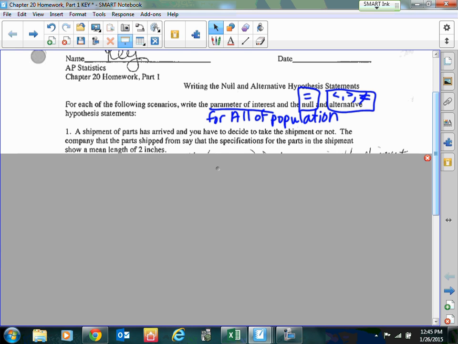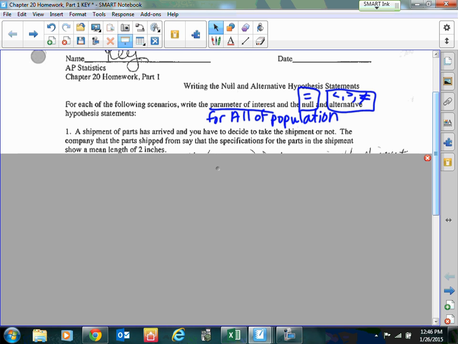The company that the parts shipped from says that the specifications for the parts in the shipment show an average length of 2 inches. All right, so what's the claim about? Not only just the length, but the average length of what? Of all of the parts in the shipment.